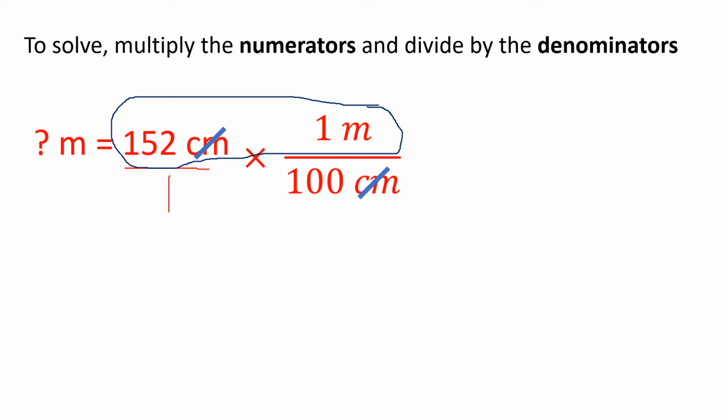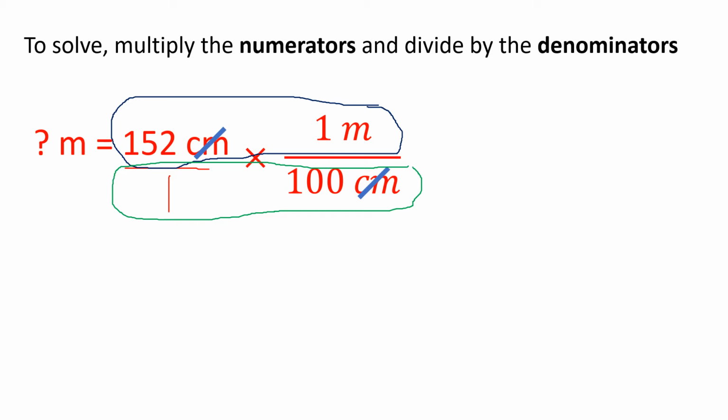And then I'll do a different color in green down here. We have 1 times 100 in the denominator. All right, so that's what we have. So we want to multiply all the numbers that are in the top, the numerators. So 152 times 1 is 152. And then we're going to multiply the denominators, 1 times 100. Well, that's 100. So it's really just saying 152 divided by 100.